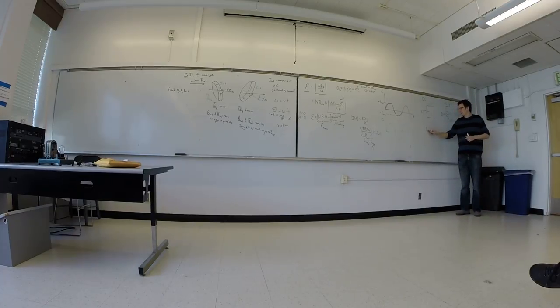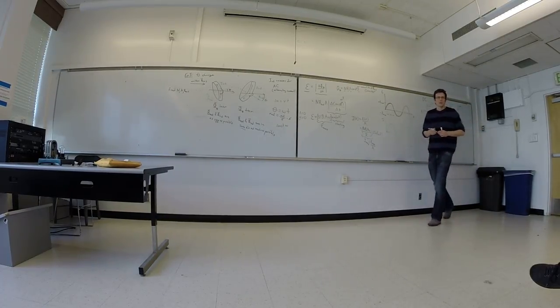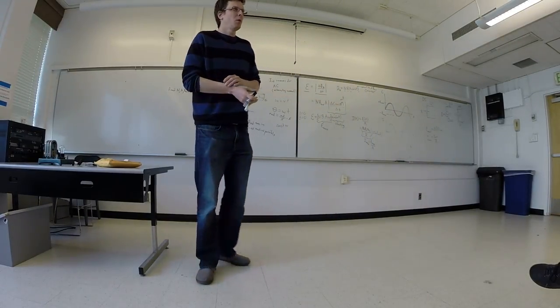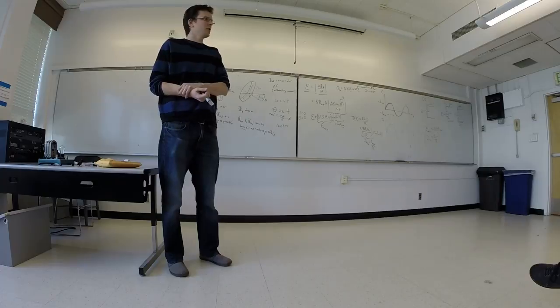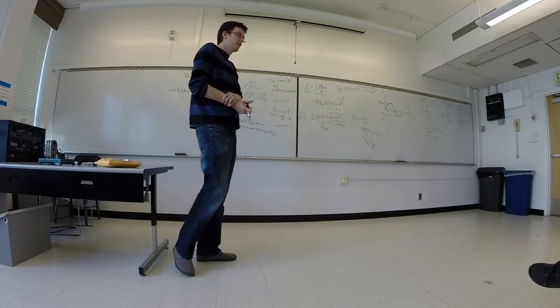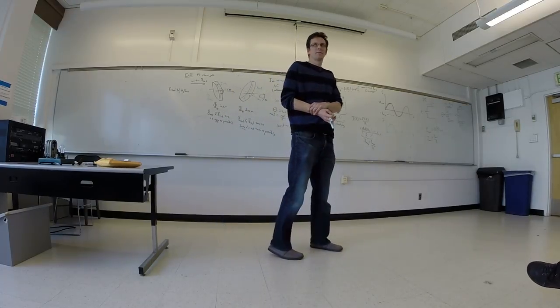So let me write that down over here. That's the interesting part to me. So I want you to understand why the current sloshes back and forth. That's what Lenz's law dictates. We get true AC.